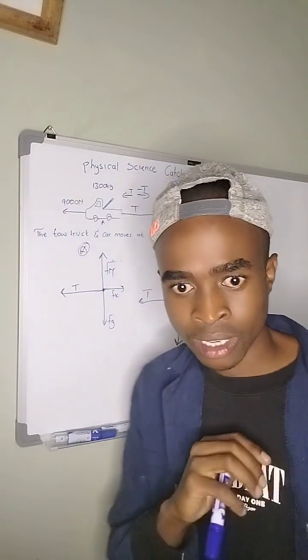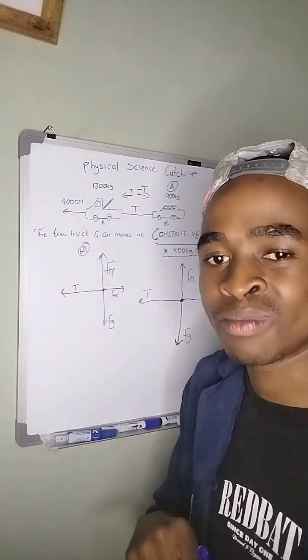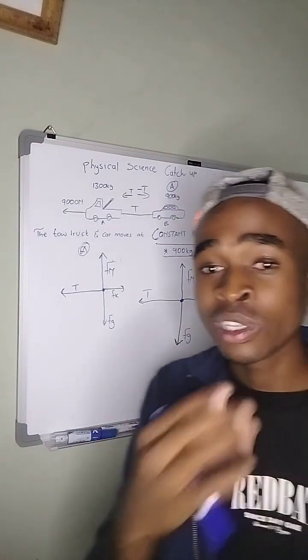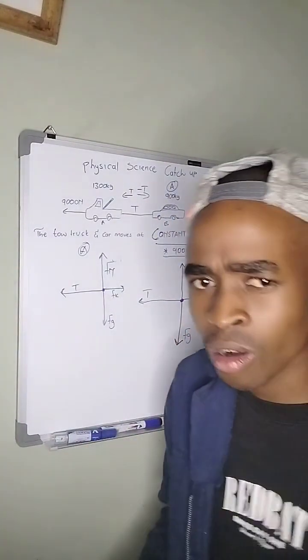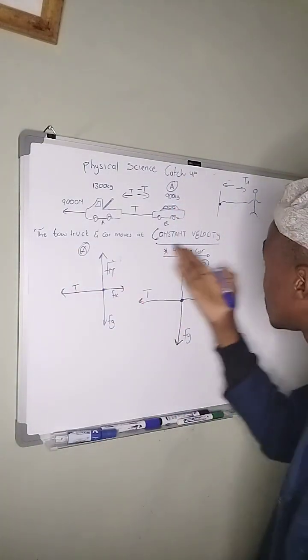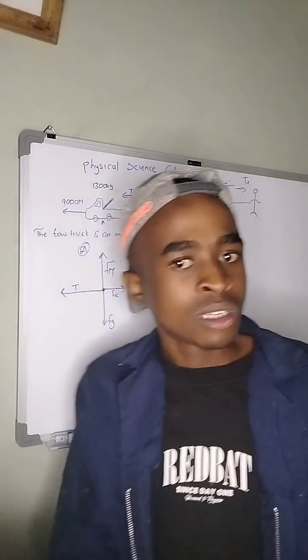We can't say B because the object is moving, and B must be Fs. If the tow truck is moving at the constant velocity, it means it's moving, but at a constant velocity.